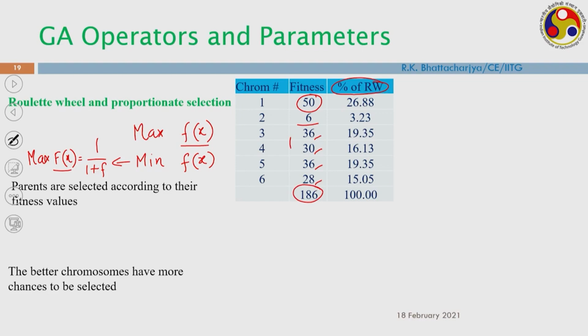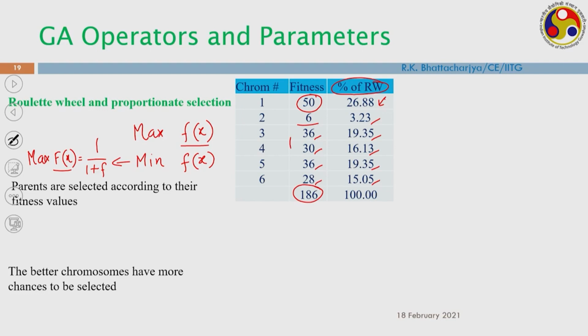So 50 divided by 186 into 100 gives 26.88. Then the second one, 6 divided by 186 into 100, gives 3.23. For the third one I get 19.35, the fourth 16.13, then 19.35 and 15.05, and the total is 100%.